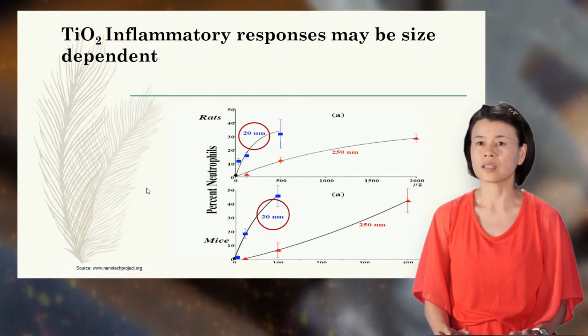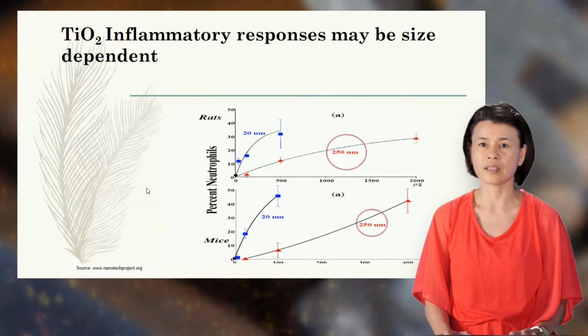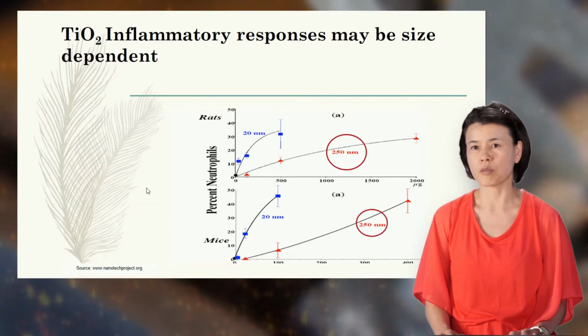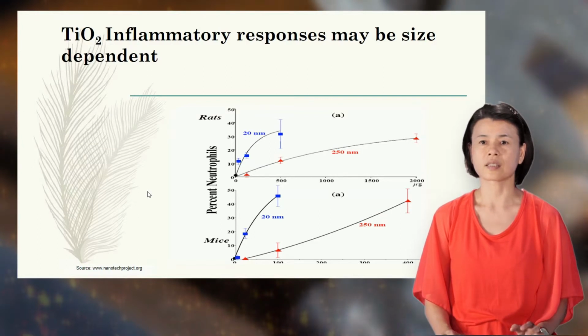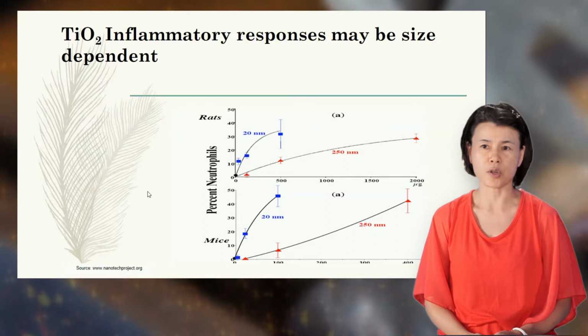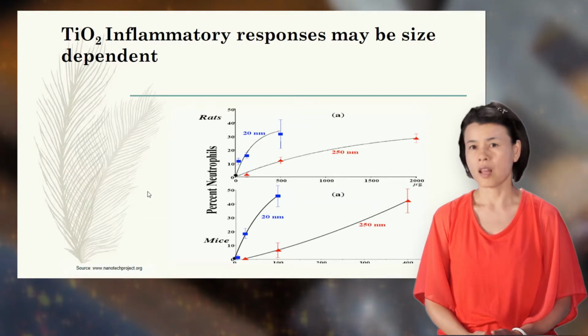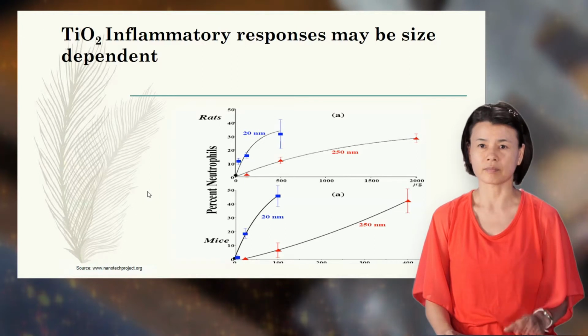As you may see in the charts, the line of 20 nanometer particles is more acute than that of 250 nanometer particles. It demonstrates that smaller size elicits higher inflammatory responses. Therefore, smaller size is more risky for the body.